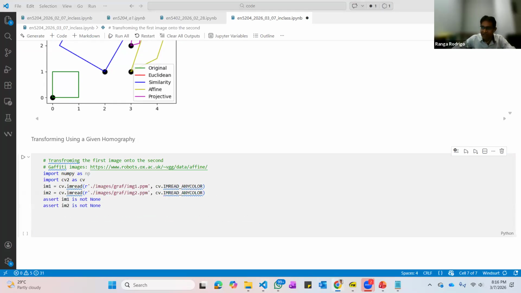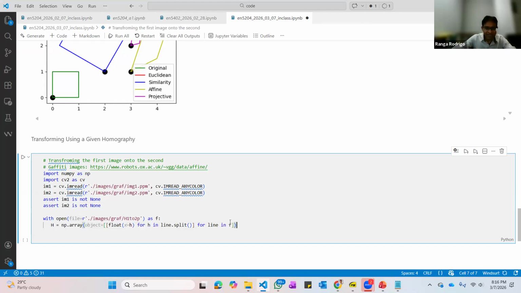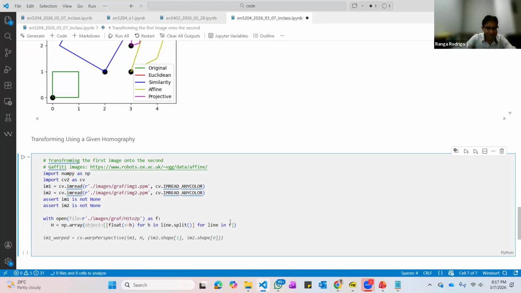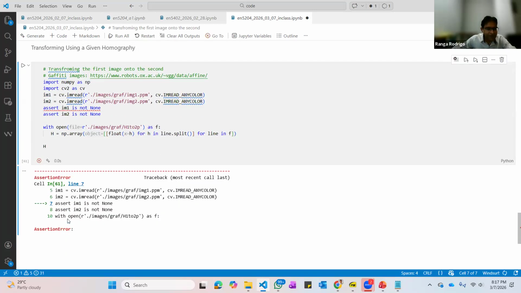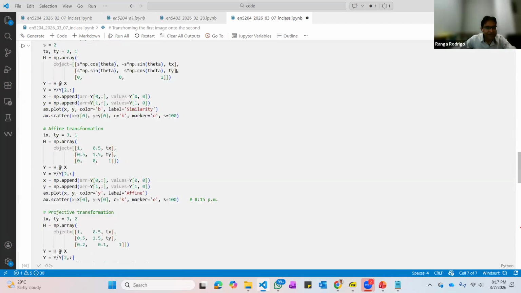And then I will read the homography from their file. This is the code, so I will go fast with this. Then let me show you after printing what that H is. So this reading has to happen.